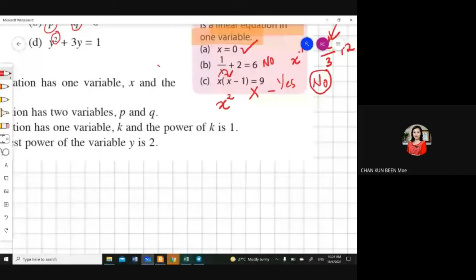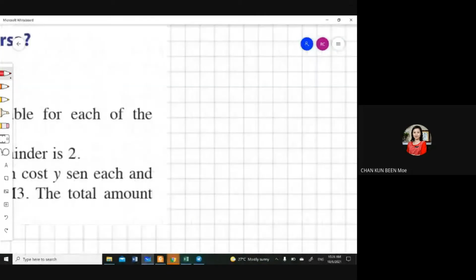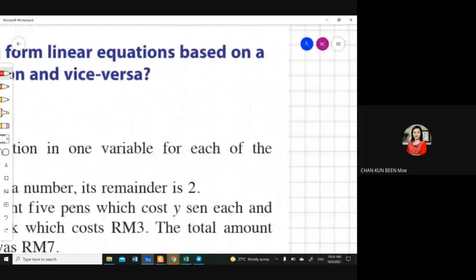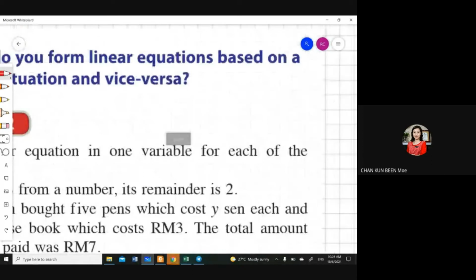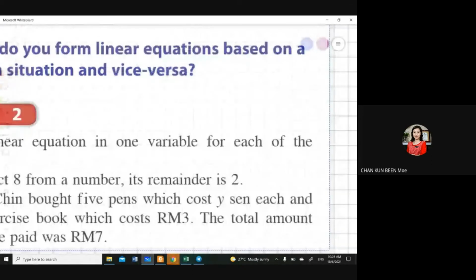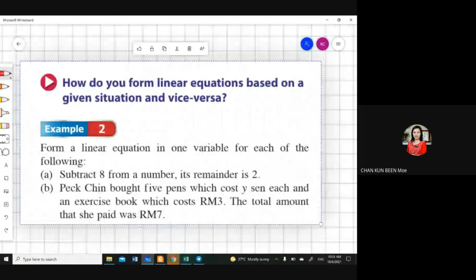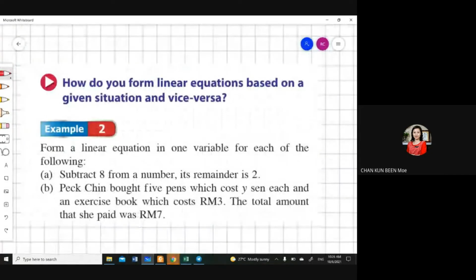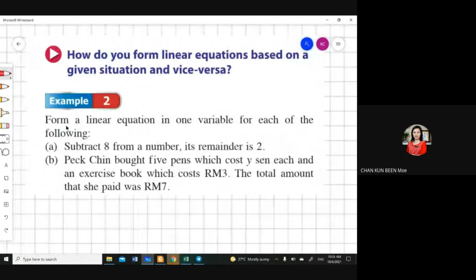Okay, in this example 2, we are going to see how to form a linear equation based on a situation given. So we look at example 2 here. You have to form a linear equation in one variable for each of the following. You already know what is a linear equation in one variable, right? Okay, so we are going to look into how to form it.